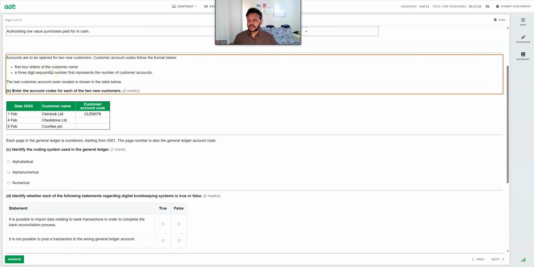Accounts are to be opened for 2 new customer account codes. Follow the format below: first 4 letters of the customer name, then a 3-digit sequential number that represents the number of customer accounts.